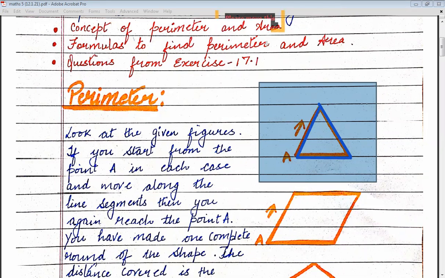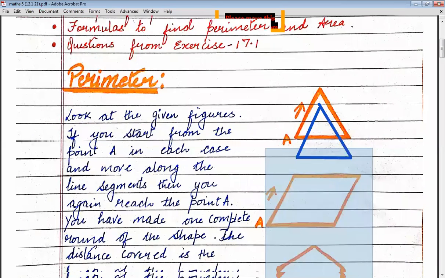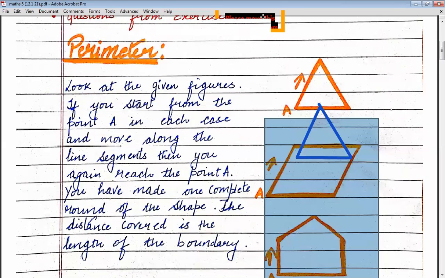Now let us look at the second figure, that is your quadrilateral, meaning a four-sided figure. In this four-sided figure, how many sides do you have? Four. If you go around point A, where will be your outer boundary?